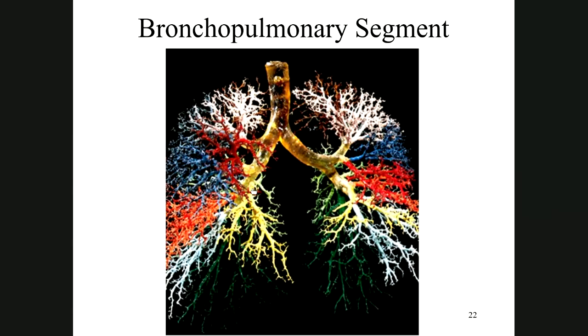And this is the individual, you can say, tree or branches of the tree, so that if a person has small cell carcinoma in this one bronchopulmonary segment, you can actually remove this right here. You can remove this, and it doesn't interfere with the others, not so much. Or in the case of the white one, you can remove this.